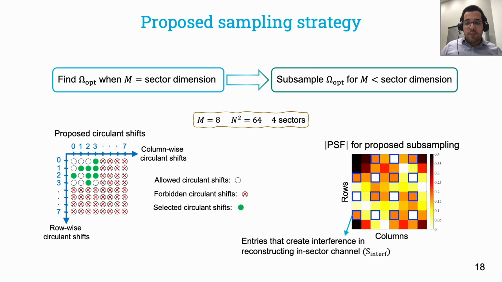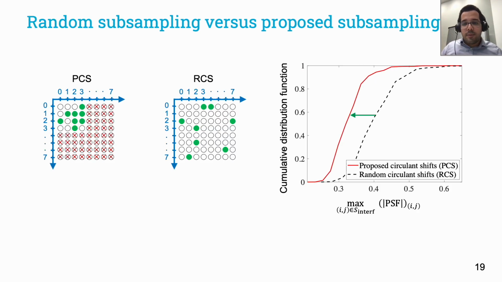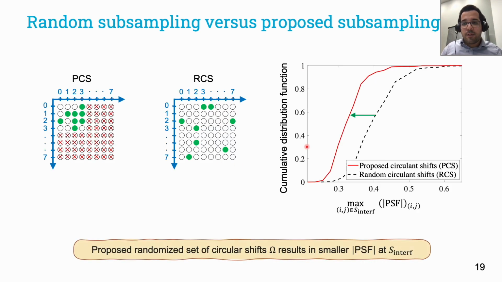But on average, our proposed 2D circular shifts will have smaller aliasing artifacts within the sector of interest than the fully random method. This can be observed from the CDF of the maximum level of PSF within the sector in this picture over here.